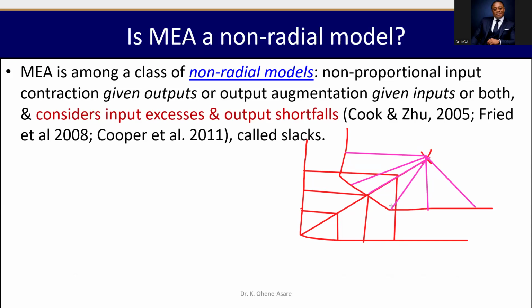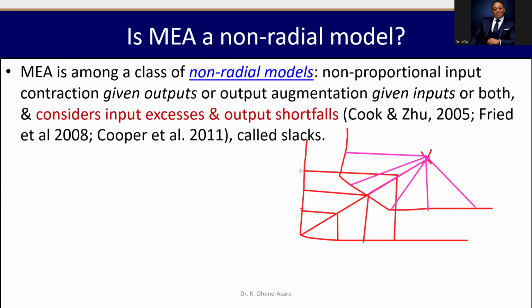That is non-radial. And in the process of that, most non-radial methods are able to consider input excesses, that is, too many of the inputs being used. They are also able to identify too little of the outputs being produced.